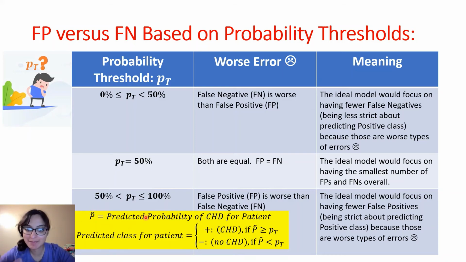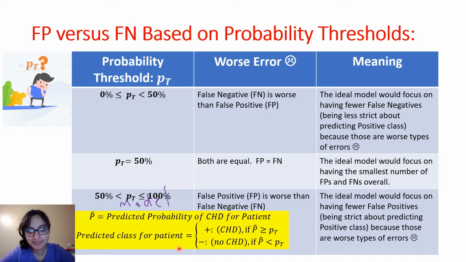So it's a predicted probability of CHD for the patient. This comes from the predictive model, which could be the logistic or the complex one or the simple one, or any other model like a support vector machine, anything at all that gives a predicted probability of coronary heart disease.